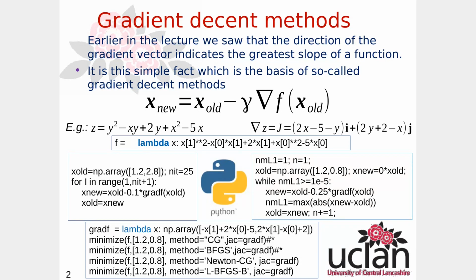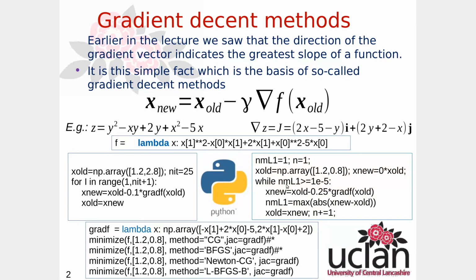So two methods in which to do it. I've just iterated for 25, and the other one I've done a more sophisticated method where we've set up the first two values of x and y. Initially I've put the new equal to 0 times the old, and then thereafter we have put the number of iterations.